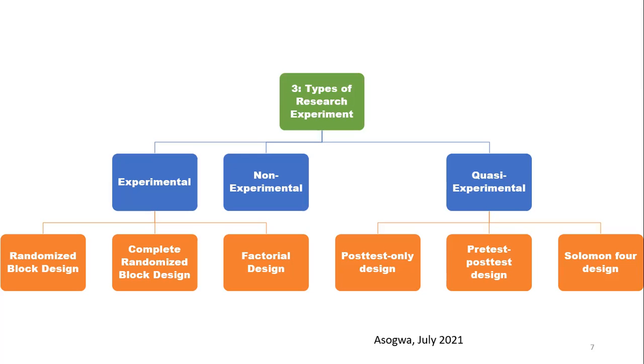So you have Solomon 4 design. You combine them and get the 2 groups. In each of them, they will have 2 groups. Let's say experimental group, we have one that you did not administer pre-test, but post-test only, and then have one that you administer pre-test and post-test.